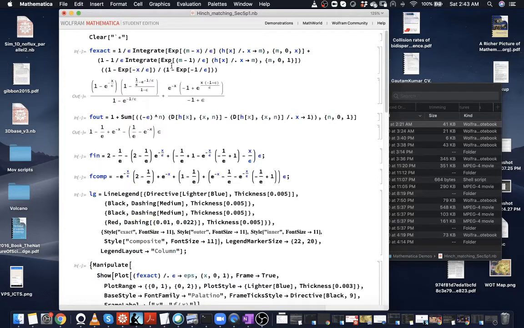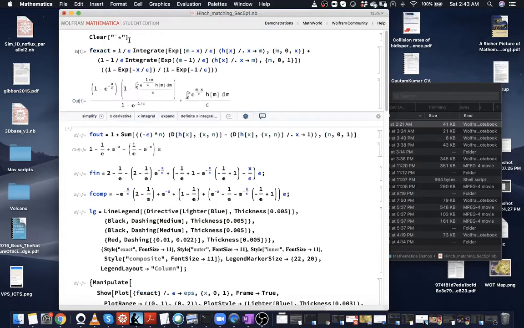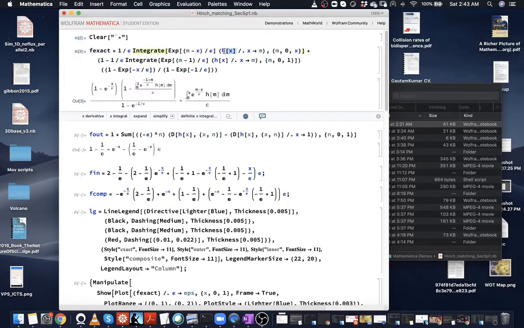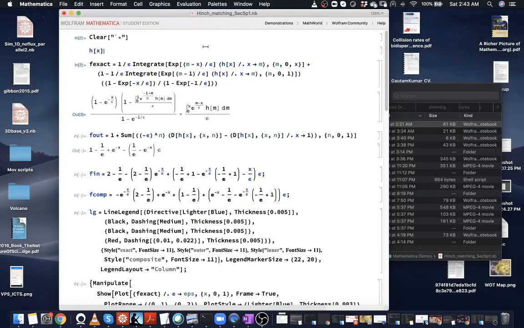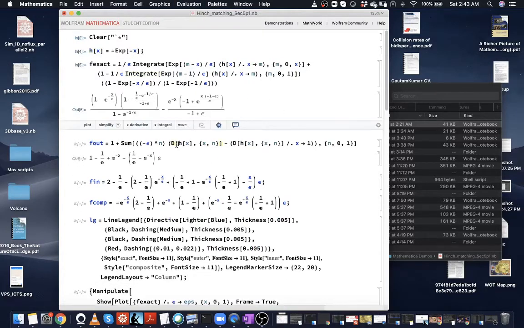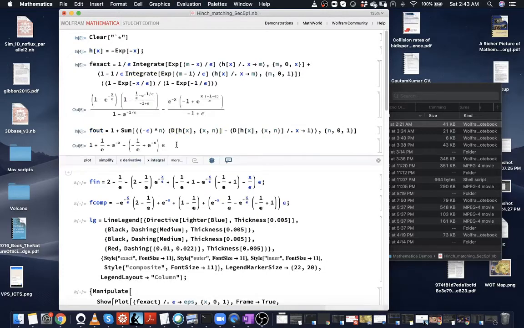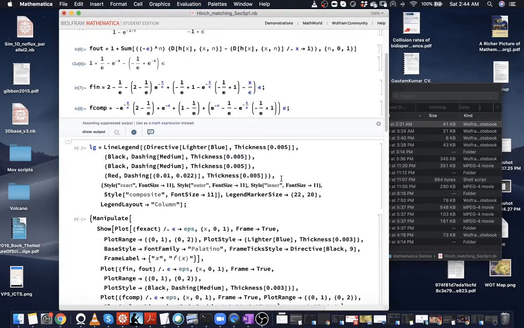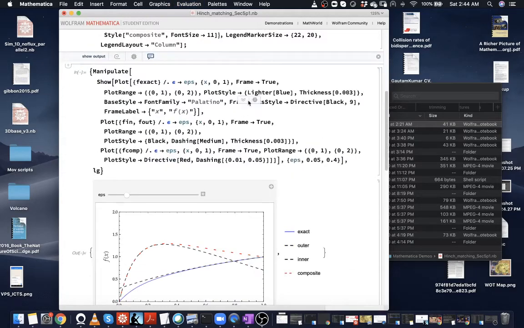So this is the problem of interest. I just have to specify the right hand side here. You can do a direct integration to get the solution. Here I am specifying the outer solution as we have obtained it. That's our inner solution, and this is the composite solution that I just wrote down. And then let's just compare them and plot them.